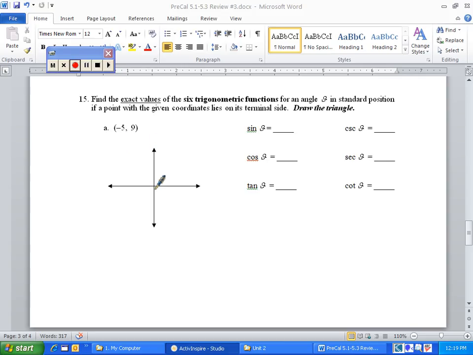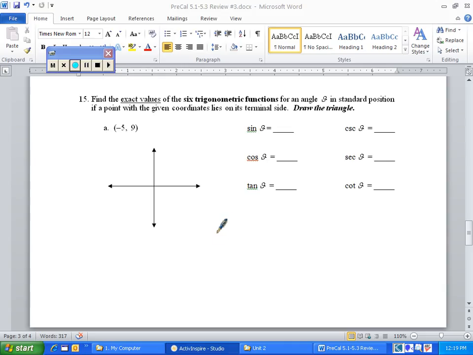From the origin, draw a line. That's called your terminal side. Your initial side is always the x-axis. Then draw a dotted line to make the triangle. Label your triangle with theta, 9, and -5.